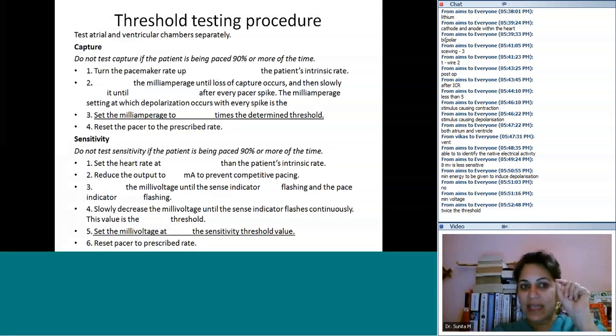So when you want to test capture, you turn the pacemaker rate to what of the patient's intrinsic rate? So say his intrinsic rate is 80. You set it more than the intrinsic rate or less?